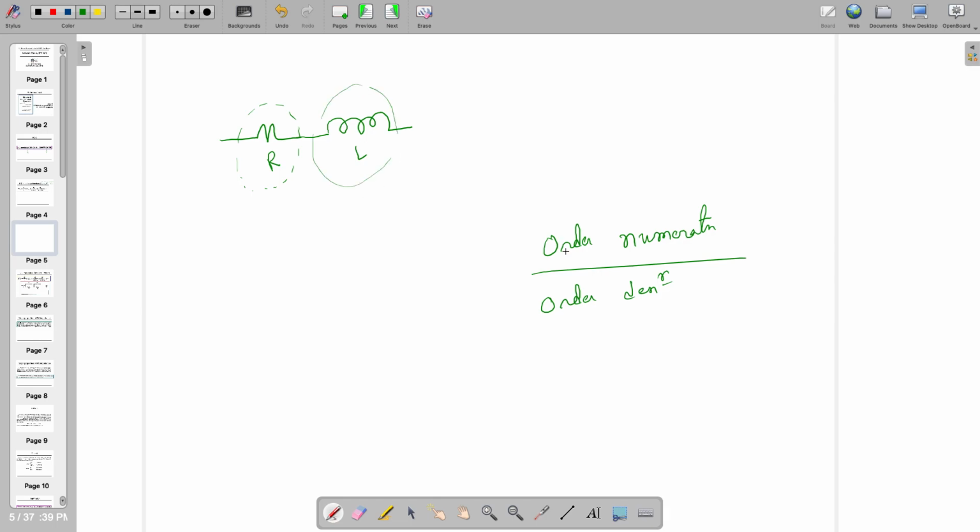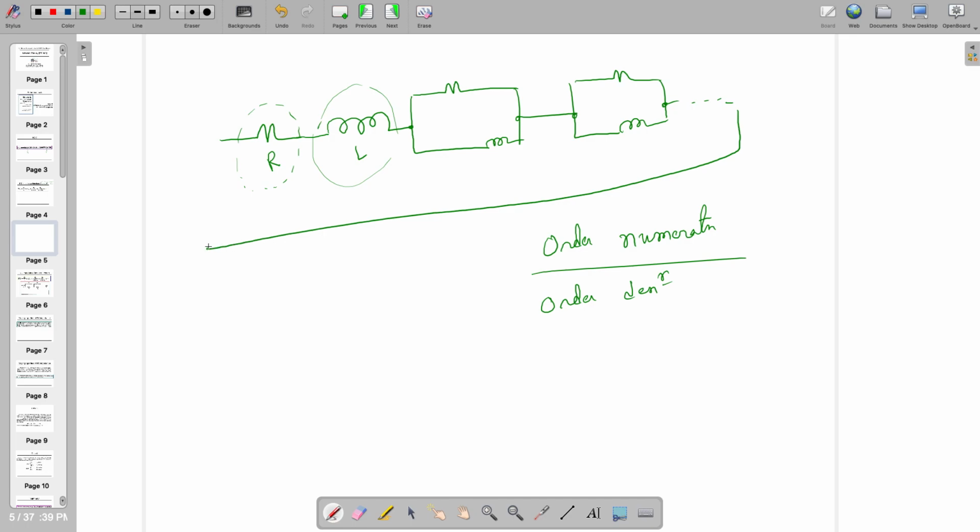If the order of the numerator is one higher than the denominator order, then you can say that a zero is available at the origin, meaning you will have an inductor, right? And other things will be in series, where you will have resistance and inductor in shunt. So this is what Foster taught us, but instead of capacitor, we have kept resistance, right?